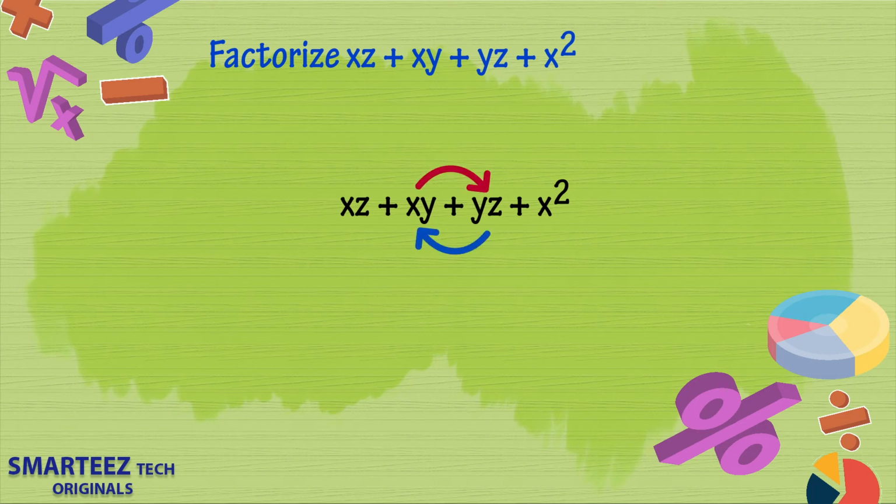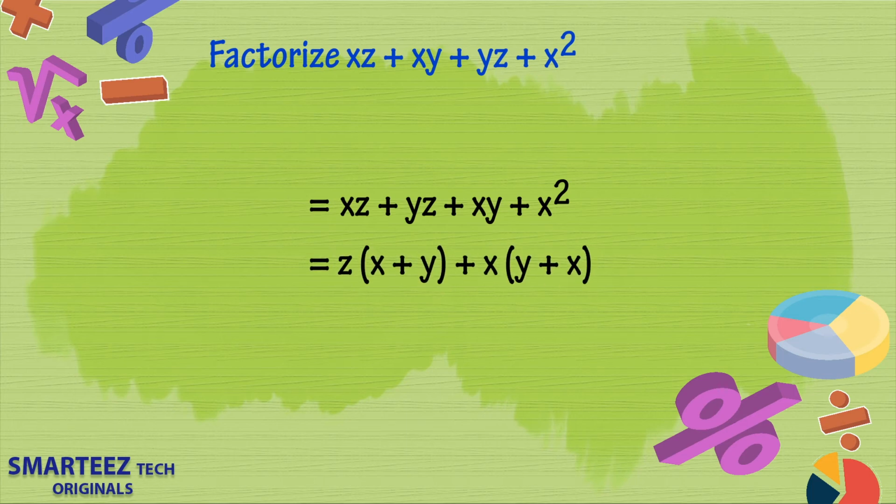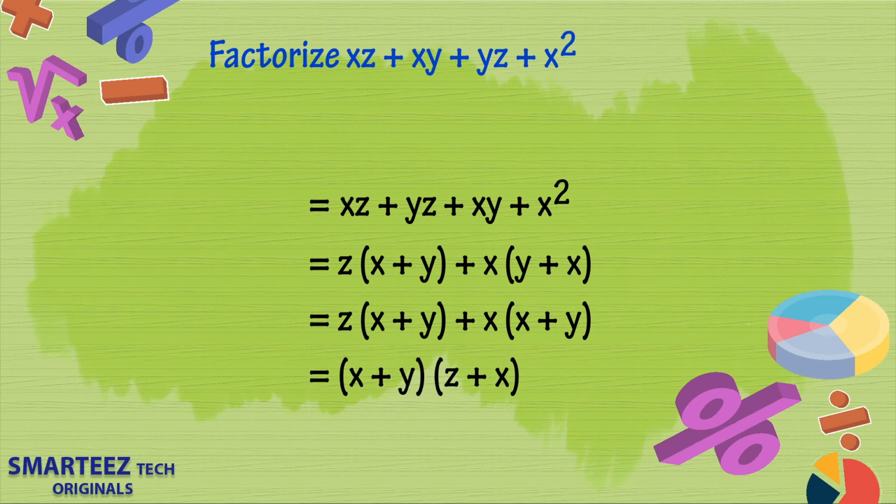This equals xz plus yz plus xy plus x squared, which equals z times (x plus y) plus x times (y plus x). Since y plus x and x plus y are the same, this equals z times (x plus y) plus x times (x plus y), which equals (x plus y) times (z plus x). That wasn't obvious at all, but grouping terms in such a way to have a common factor is a set of problems which gets easier with practice.